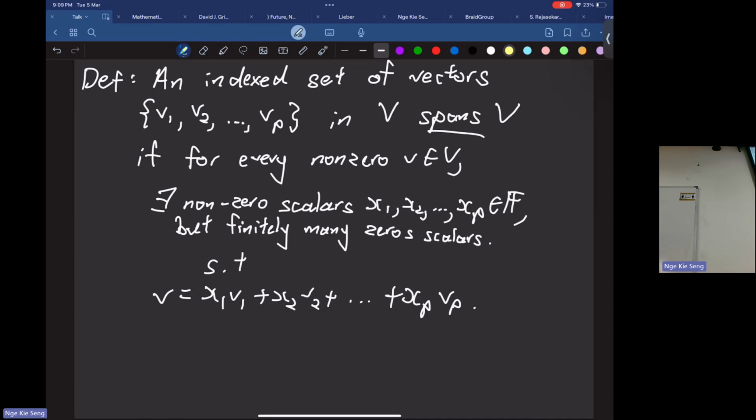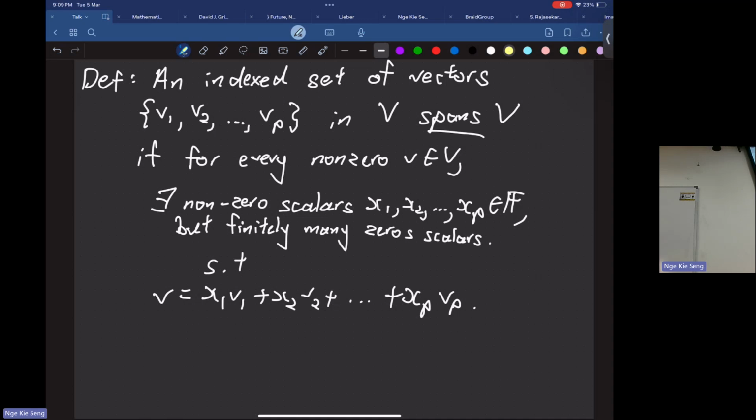I think something is wrong here. If my set is finite, then it could be all zero, so something is wrong again. I will fix the phrase, but what I want to say is that for every vector you don't necessarily need all the vectors to express it.